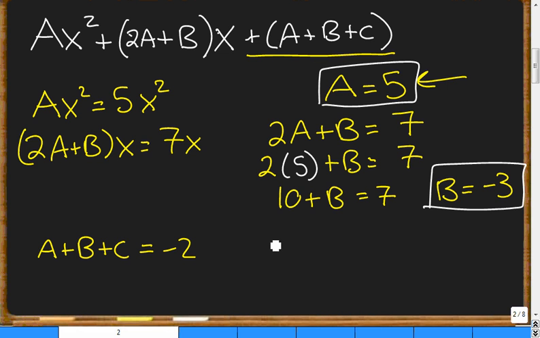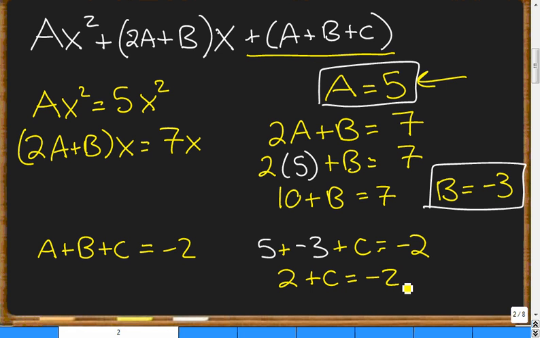We know a is 5, and we know that b is -3, and so then we have plus c equals -2. So this makes 2 plus c equals -2. So we have c equal to -4.